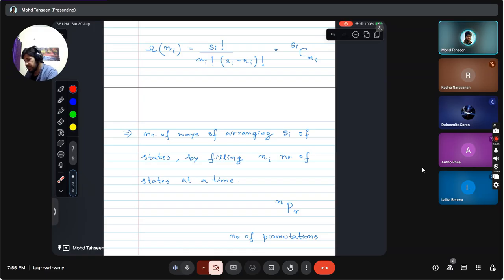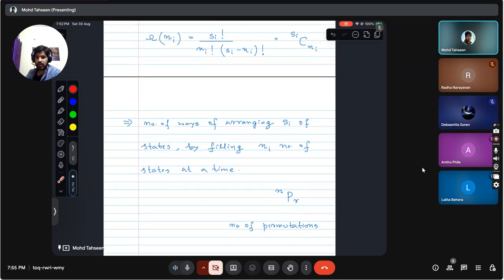Because if they are indistinguishable, then what is the difference between a combination and a permutation? So if we have 5 particles, let's say 1, 2, 3, 4, 5, and if they are identical in every way, then that's a single combination, that is one combination, right? But that same combination I can permute in 5 factorial ways, right?